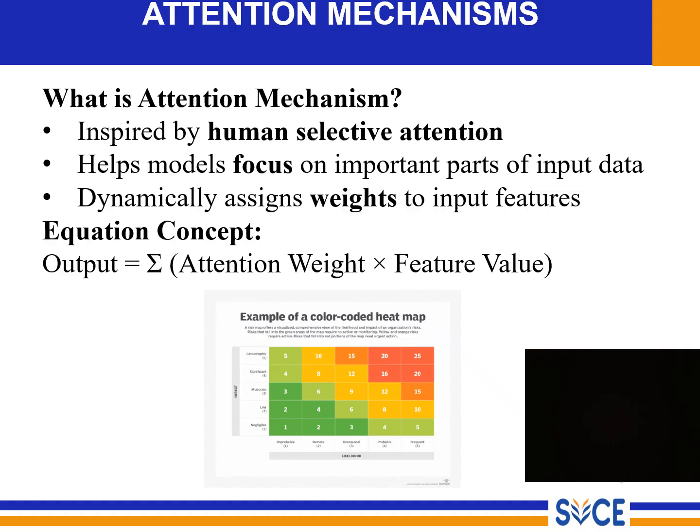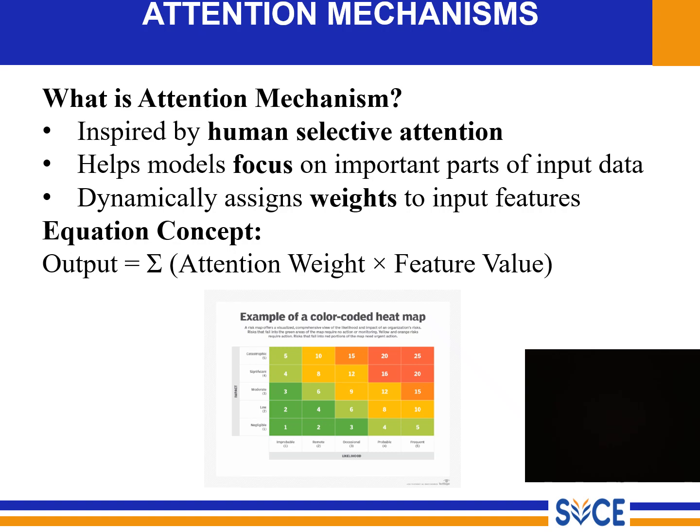When you give it a lot of input, like a paragraph, a sentence or even a whole image, it can't process every detail equally. So it learns to focus more on certain parts of the input that matter most to the output. Mathematically you can think of it like this: output equals the summation of attention weight times feature value.